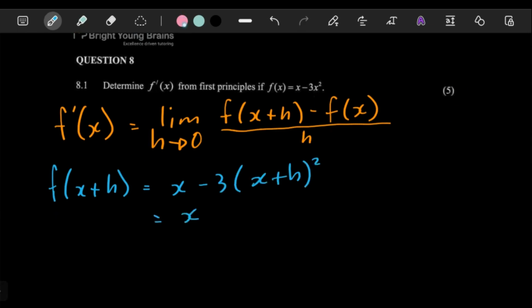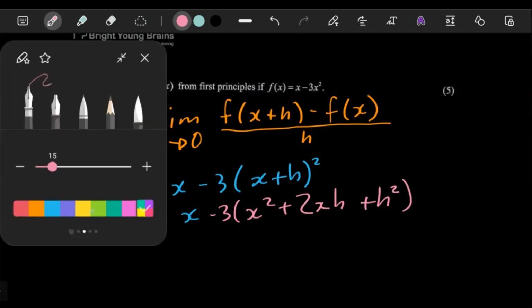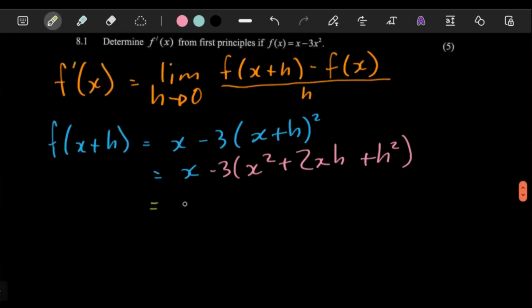And then if you multiply the negative 3 inside, it's going to be negative 3x. Oh, such a dumb classic mistake. If you FOIL out this bracket, it's going to be x squared plus 2xh plus h squared. Now here, we're going to have x minus 3x squared minus 6xh minus 3h squared.